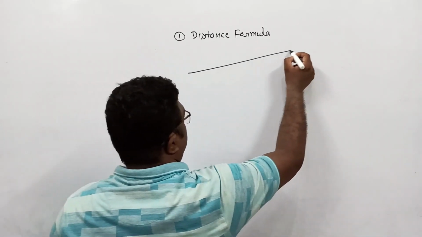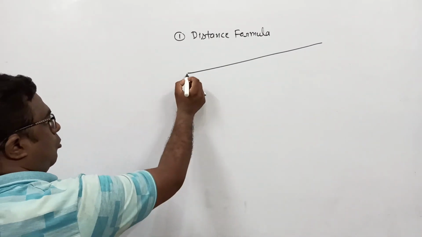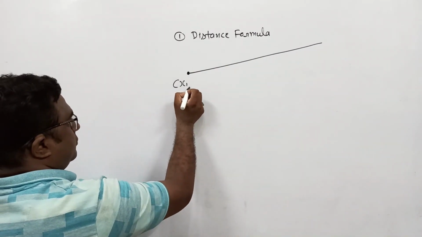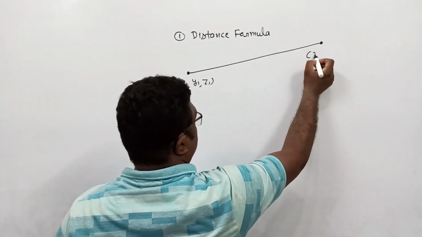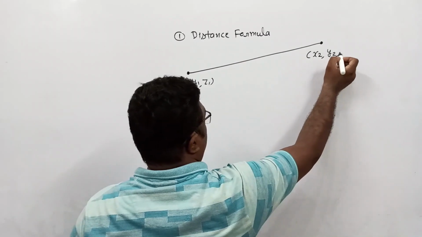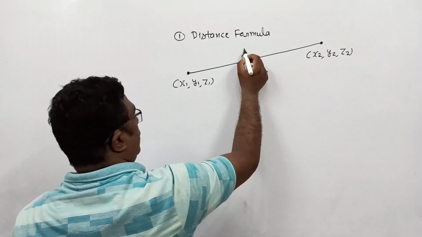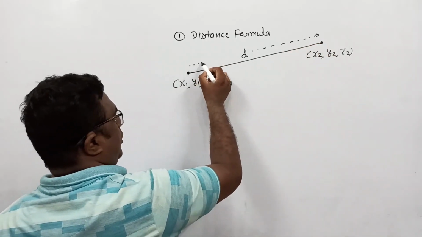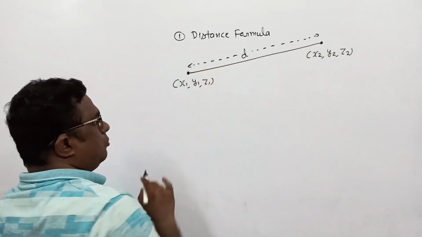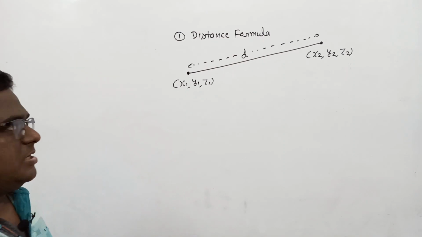Suppose it is a line segment. Coordinates of these points are x1, y1, z1, and coordinates of these points are x2, y2, z2, and we want to find out the distance between these 2 points, or you can say we want to find out the length of this line segment.